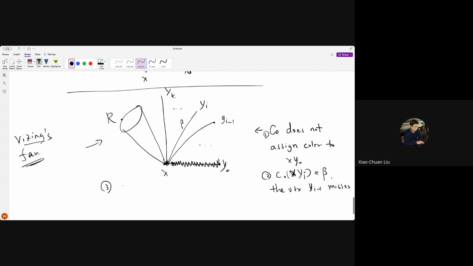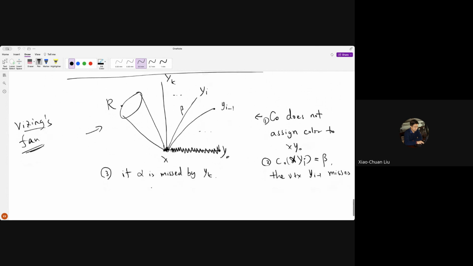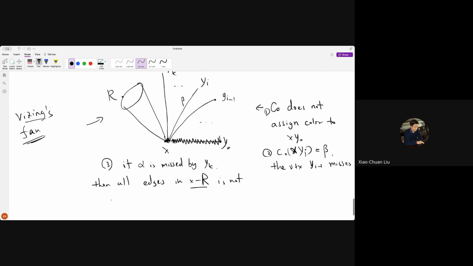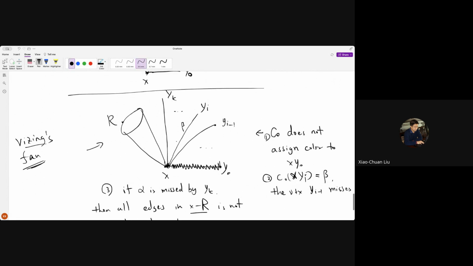Okay, so finally, I just repeat this. If a color alpha is missed by yk, then all edges in xR are not with color alpha, because otherwise it's not maximal.